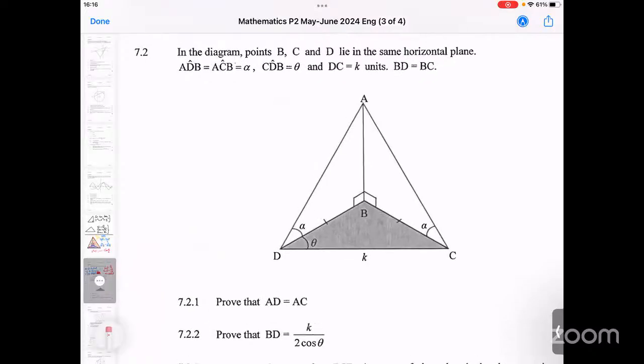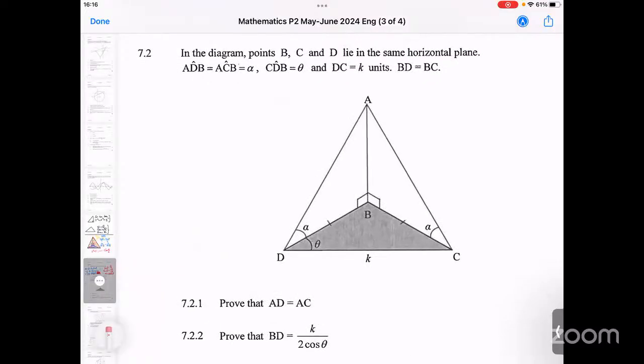Okay, now they say in the diagram, points B, C, and D lie on the same horizontal plane. In triangle ADB, angle D is equal to the angle in triangle ACB, which is angle C, being alpha.